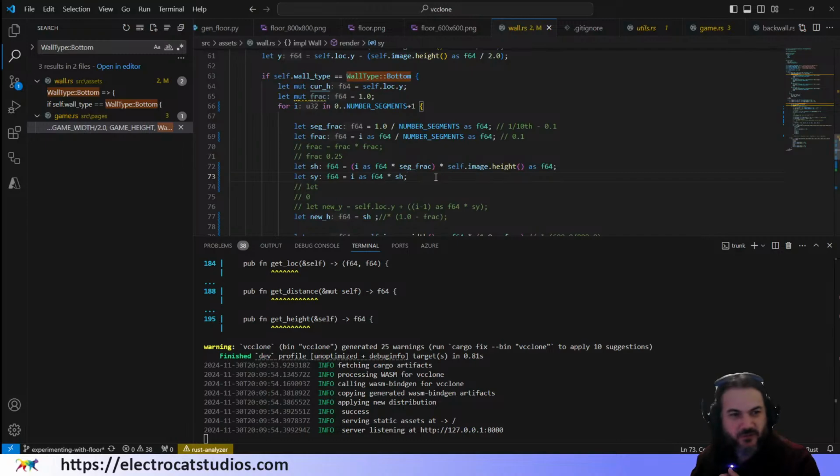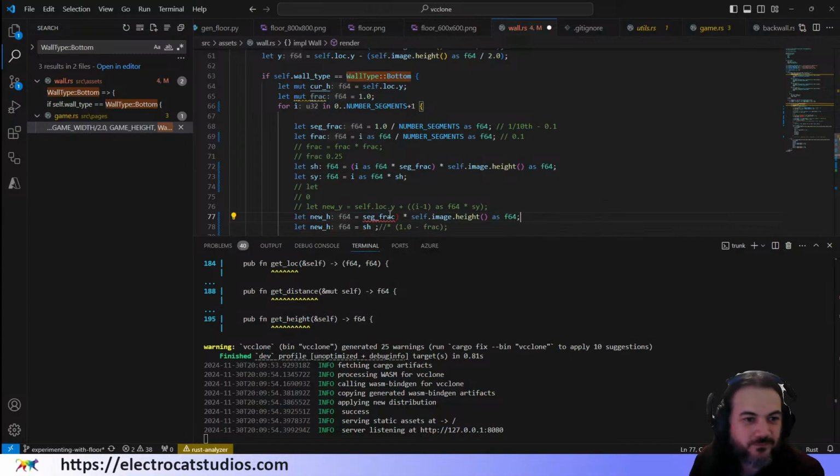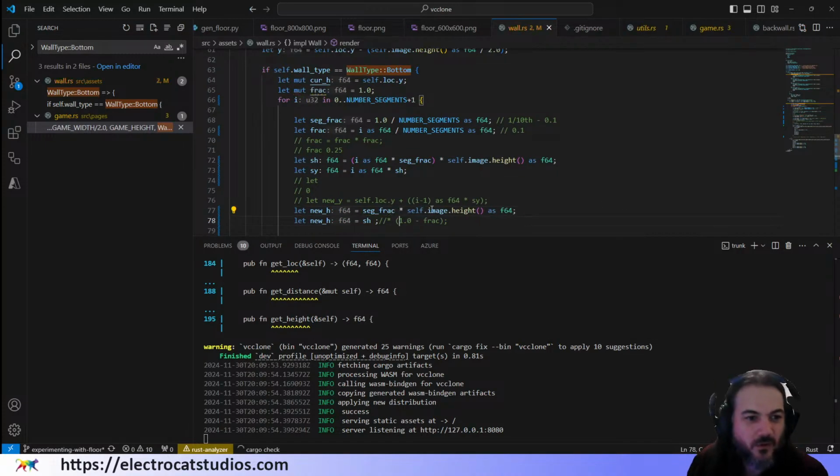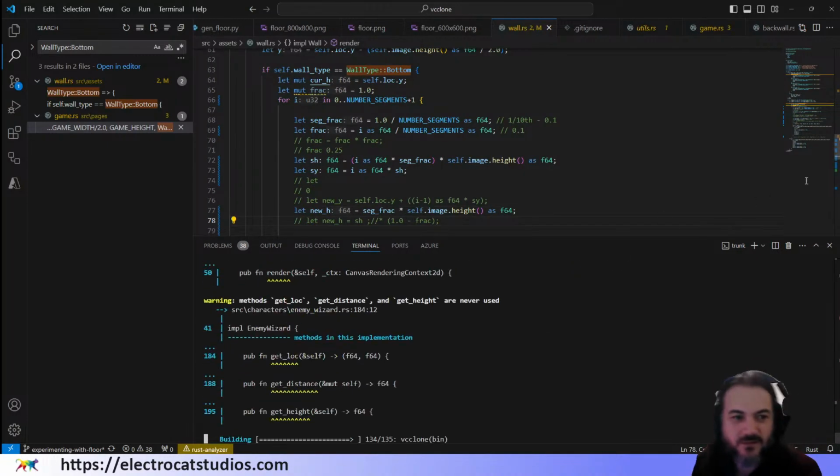It's sort of drawing over itself, I don't get. Ah, yes, because the new height, right, it needs to be. Okay, yeah, I forgot that.